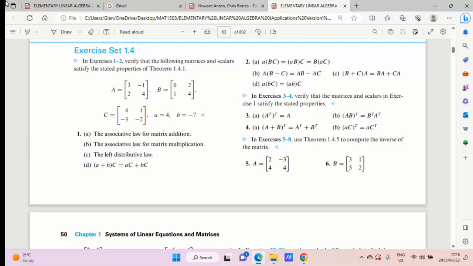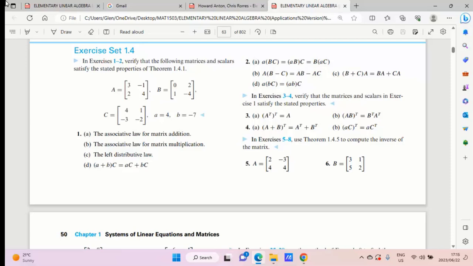Because if we are saying associative law for matrix addition, you need to know that. Associative law for matrix multiplication, you need to know that. Then how can I help you, Level, in that situation? There's no way.